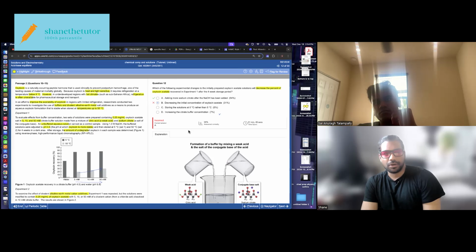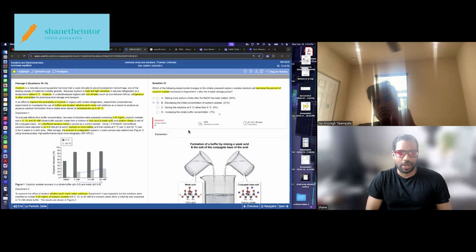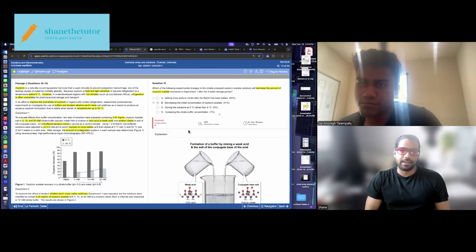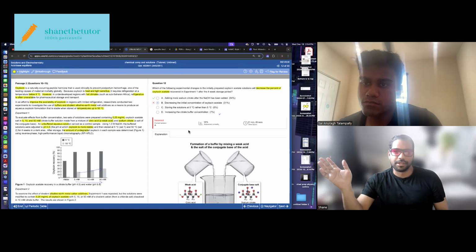But also, solutions have freezing point depression, right? As a colligative property, compared to water, if you have salt water, let's say. That's why they pour salt on the street.